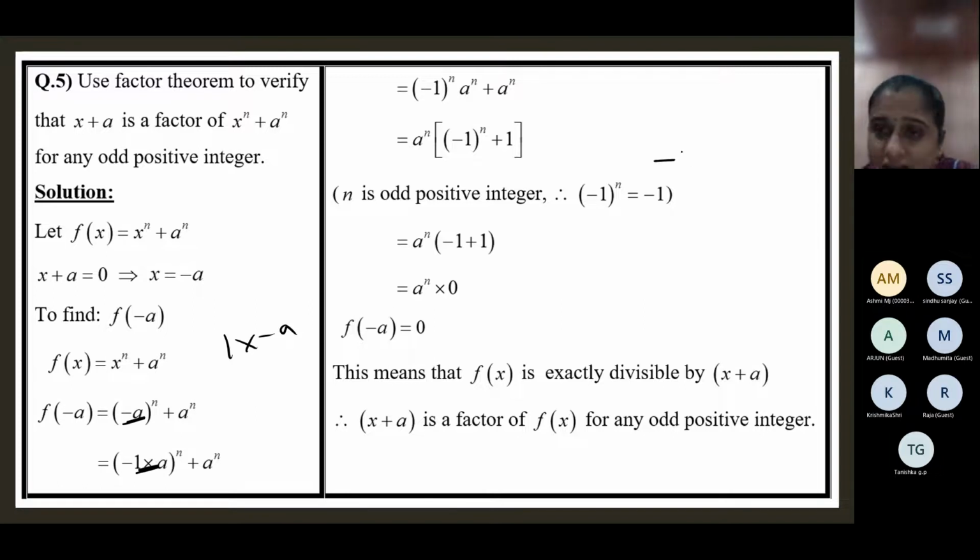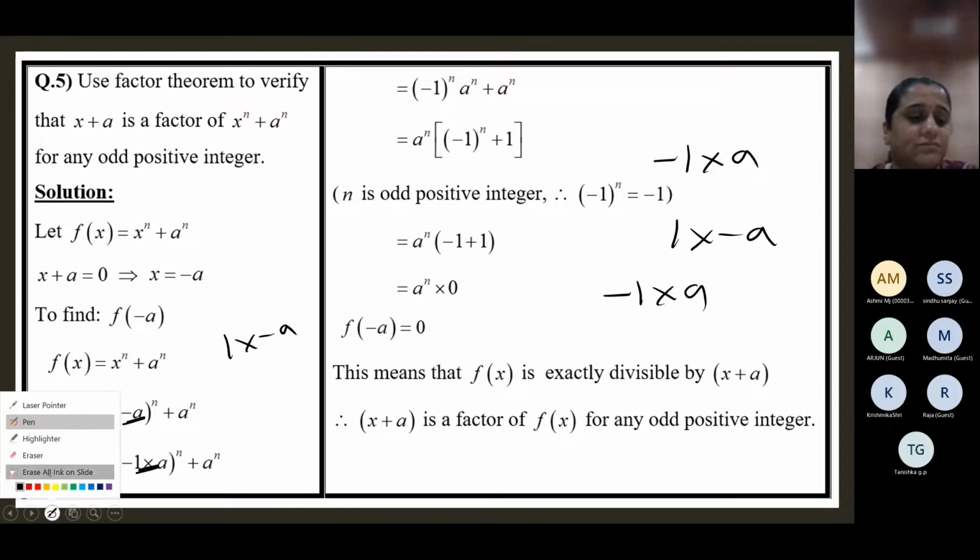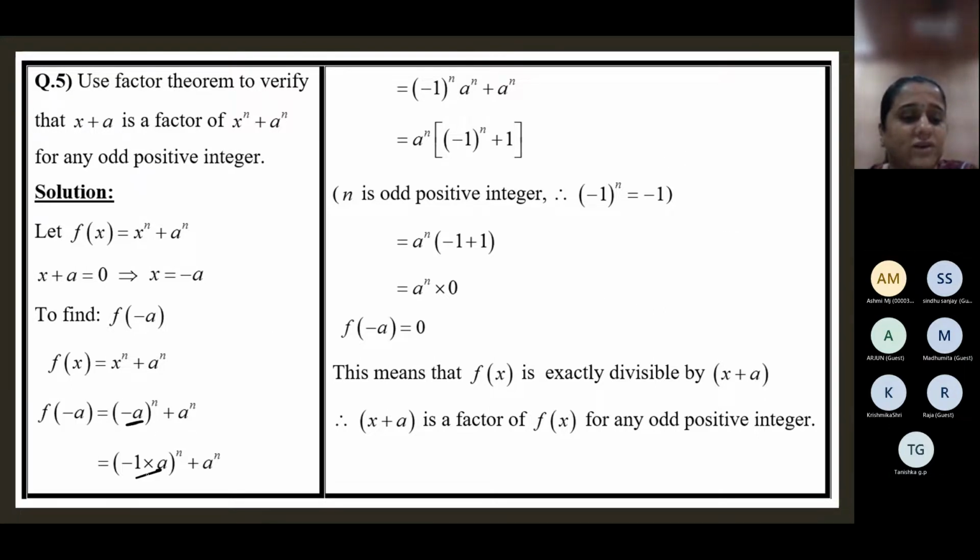Write minus 1 into a. So minus a is minus 1 into a, the power n as it is, plus a power n. Is this step understood? Yes, ma'am. We are just writing minus a in a different way, minus 1 into a.